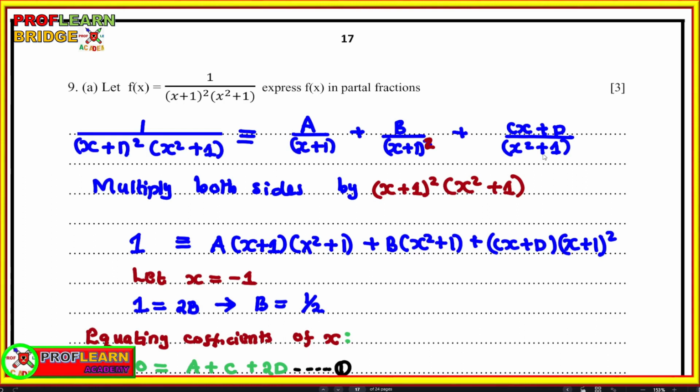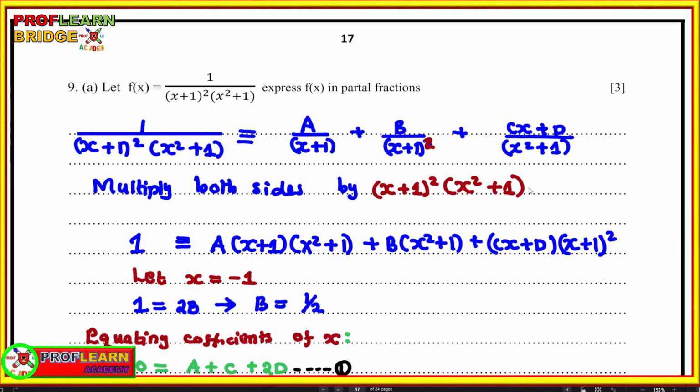So we're going to multiply both sides by x plus 1 squared into x squared plus 1.